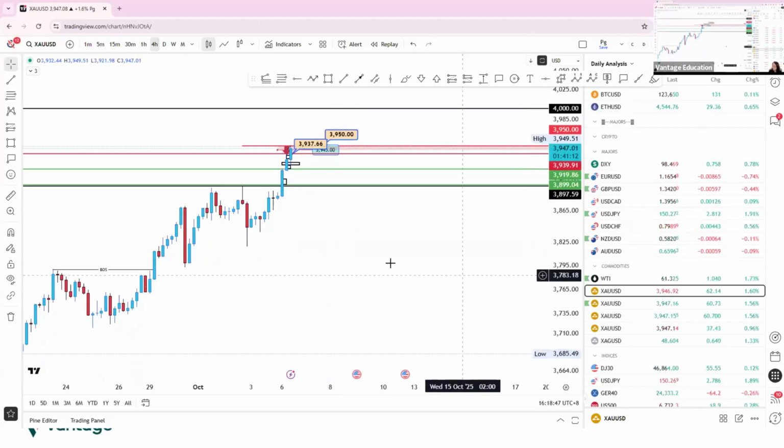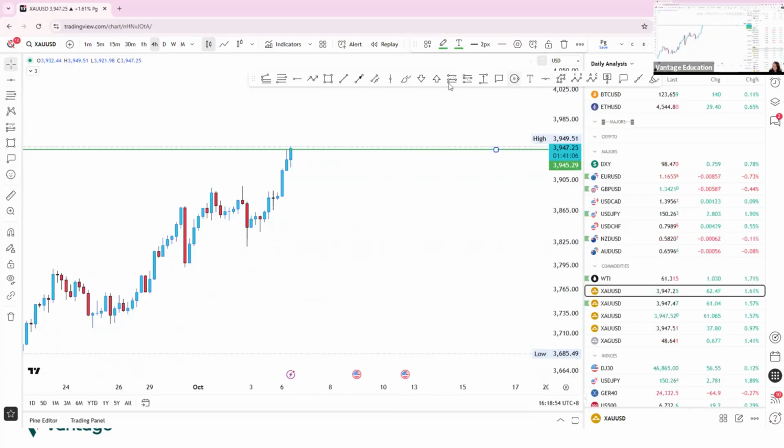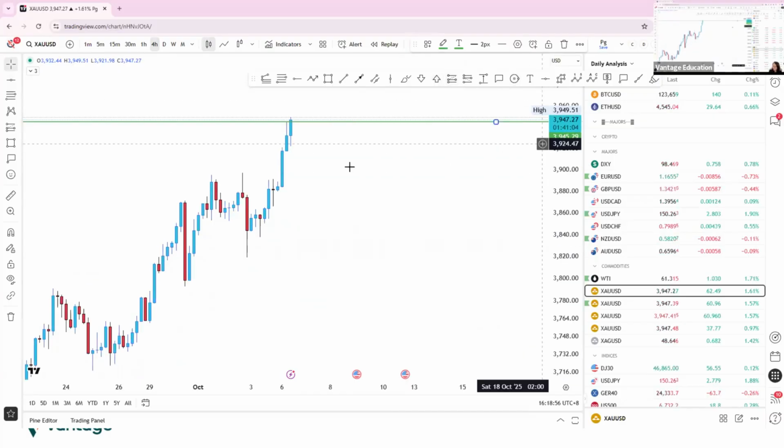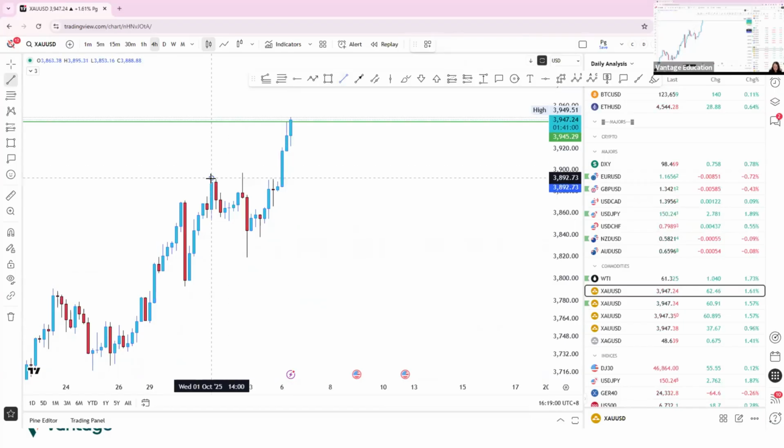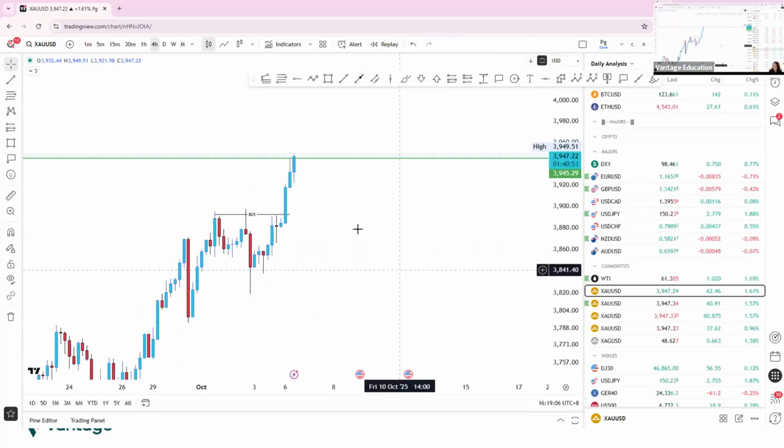If we're going to look for another zone, this was the break of structure, right?